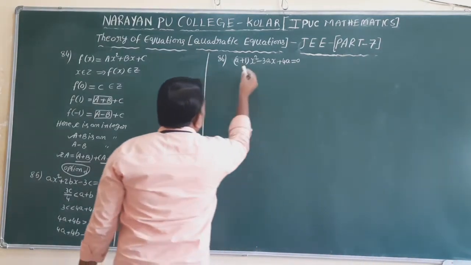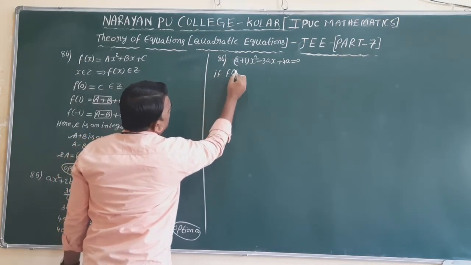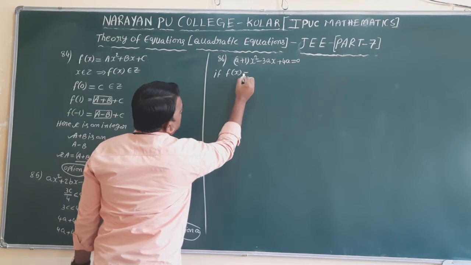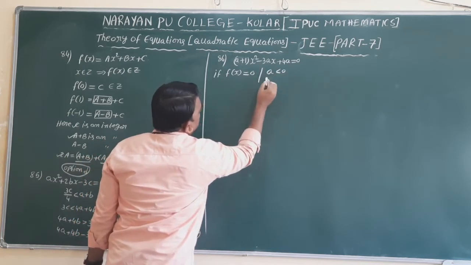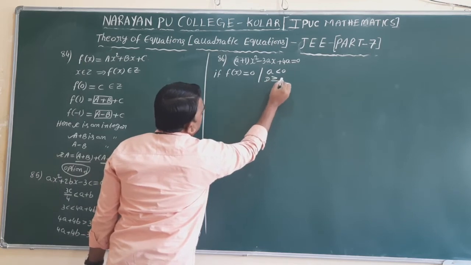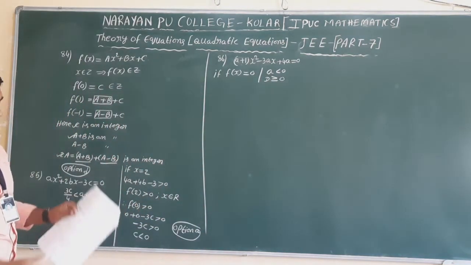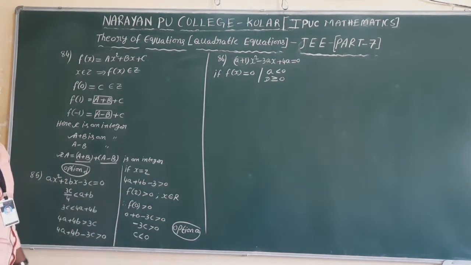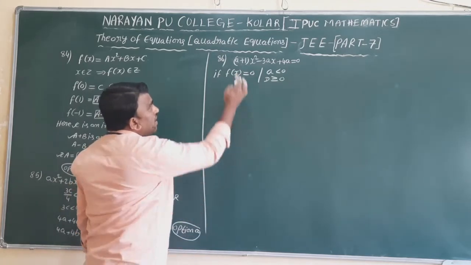So here f of x is greater than 0. If f of x equal to 0, a is less than 0 and the discriminant is greater than or equal to 0.